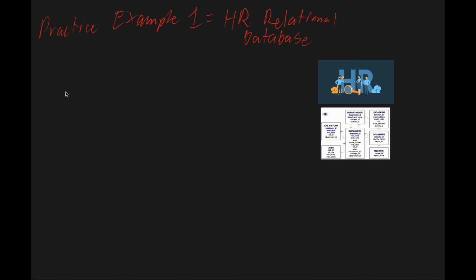So now let's go over a vivid practice example, or practice problem, to understand the scope of a relational database and how to carry it about. Let's consider this type of data and its structure.